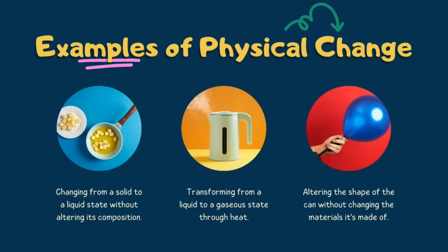Another example is transforming from liquid to gaseous state through heat. Pinakuluan yung water, no, yung water naging or yung liquid naging gas. But still, ganun pa rin yung kanyang chemical composition. Next, altering the shape of the can without changing the materials it's made of. So, same thing, no? Nagbago lang siya ng itsura, nagbago ng shape, pero still, yung chemical composition is the same.